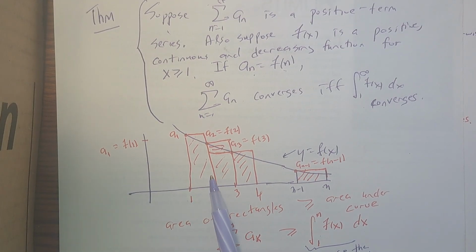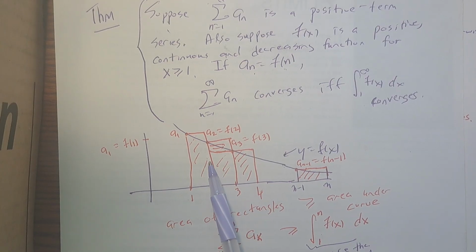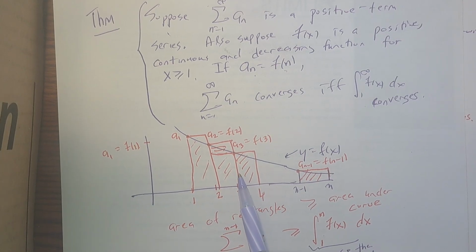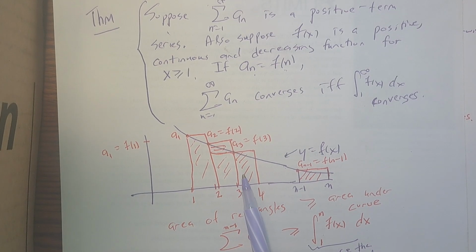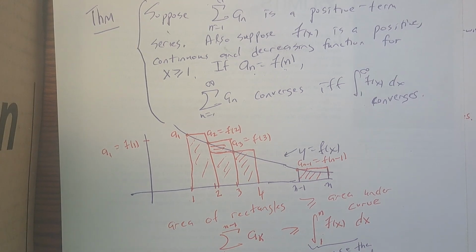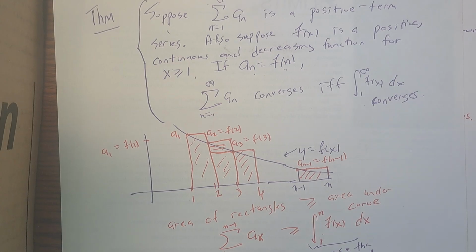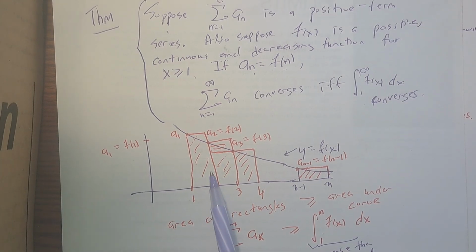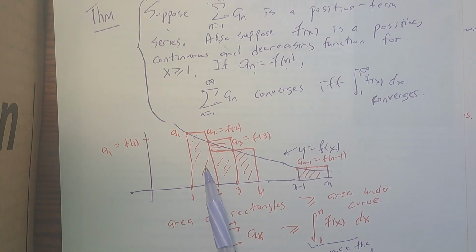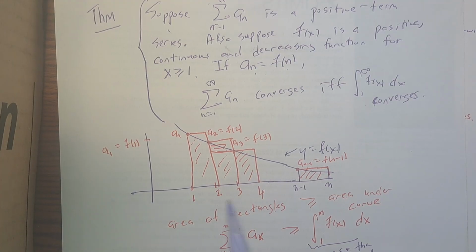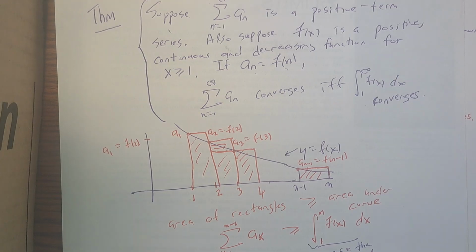It's pretty believable that if the area under the curve is infinite, then the rectangles approximating the curve will also be infinite. On the other hand, if the area under the curve is finite, it's not unusual to expect that the area under the rectangles approximating the curve will also be finite. So this theorem is pretty intuitive. But we're going to practice it again.